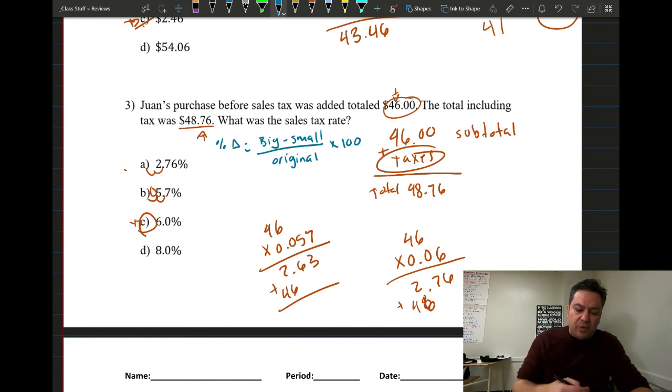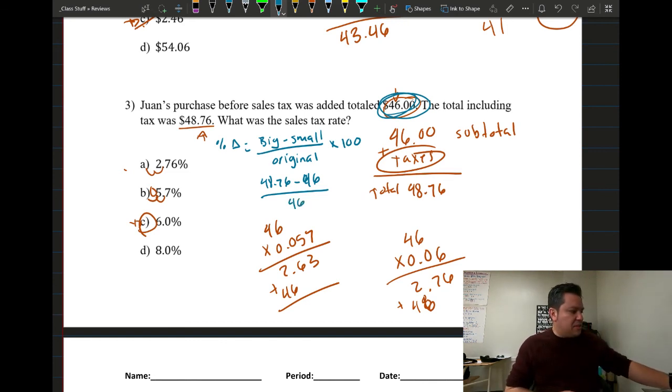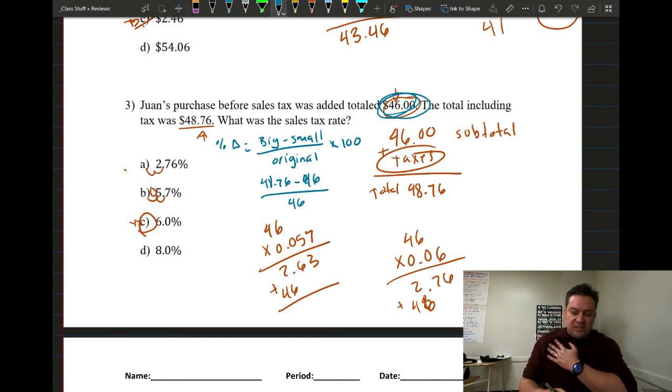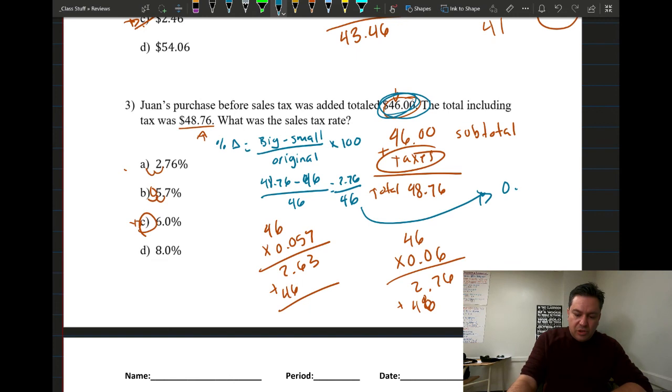So the big number is 48.76 minus the small number, 46, divided by the original, which was this one. That's the original. And let's see what we get. 48.76 minus 46, you get $2.76, divided by the original, and you get 0.06.